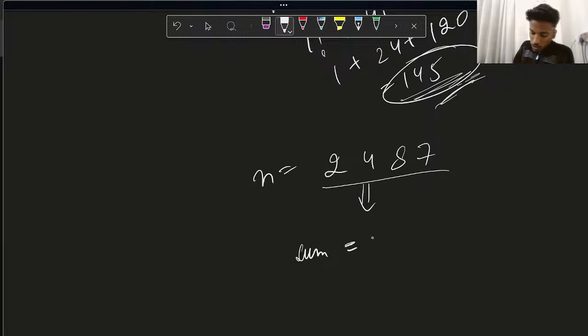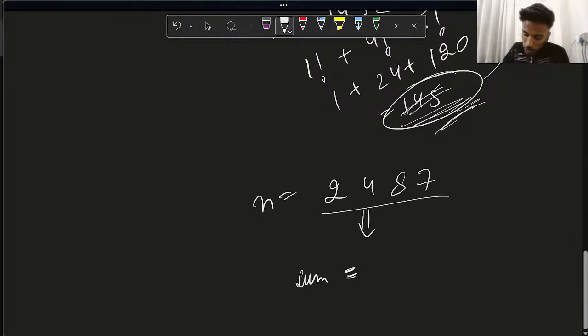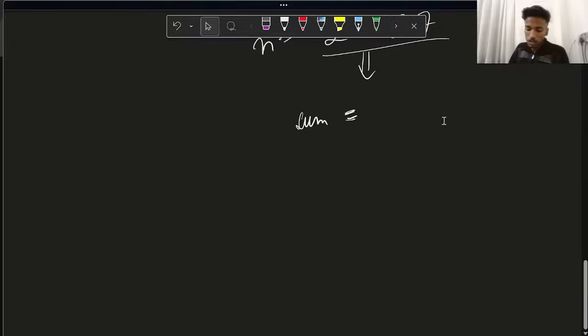And whatever sum you got, you can rearrange the digits of that sum. Like suppose you have gotten 541 here, although it is not possible. So 541 can be rearranged to 145 still. So still the answer is true because we can rearrange the digits. Okay. So this is what the question says.